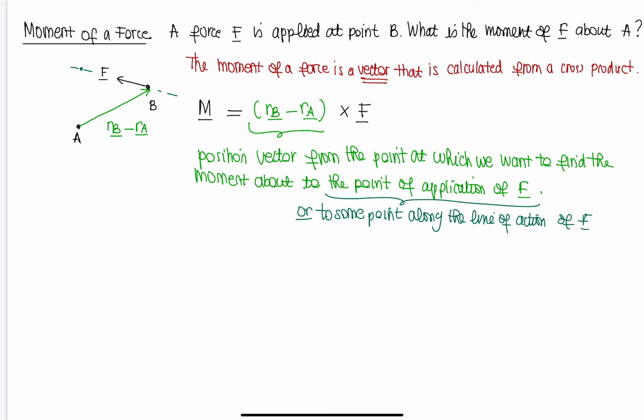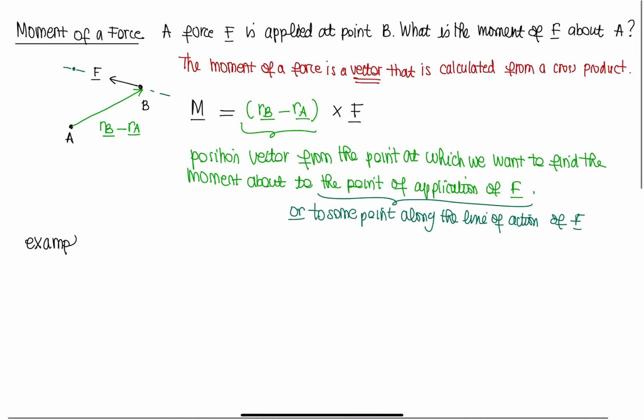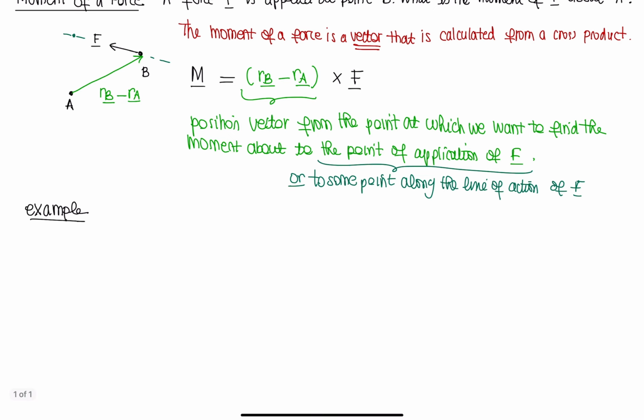Let's do some example. I'm going to consider a particle moving on a circle. Okay, so this is my origin. I'm going to choose my basis, EX, EY.